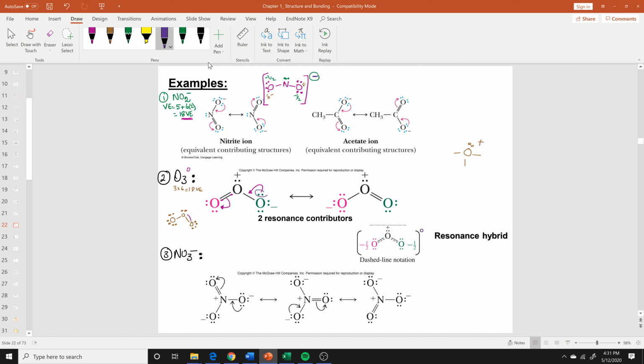I moved this lone pair here to form a double bond, so you shouldn't include it, because you're already including it in the form of a double bond. You can use partial negative on the ends, and this is going to be a partial positive in the middle.